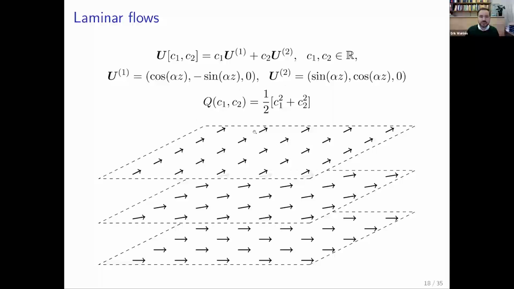The flow in each layer is uniform, but then the direction changes with height. So you can get this two-parameter family of trivial solutions with C1 and C2. I think of them as the velocity parameters, and I will use both of them as bifurcation parameters.